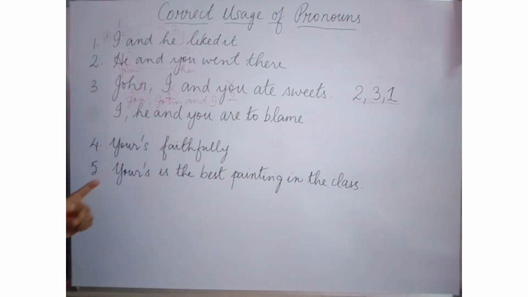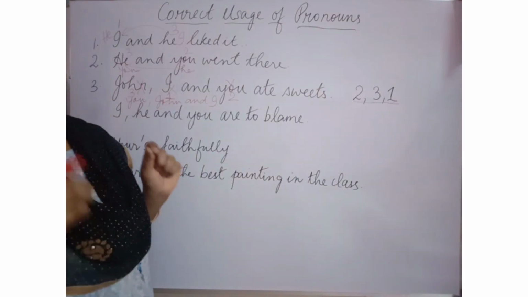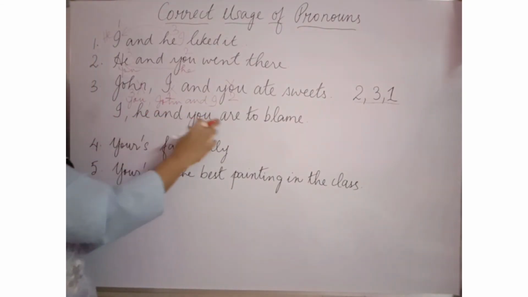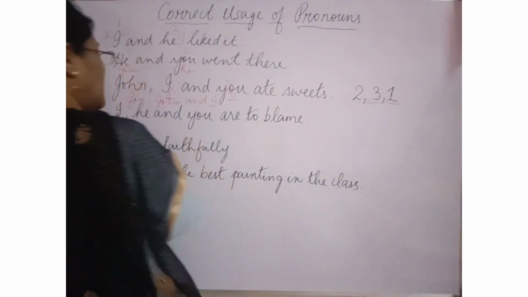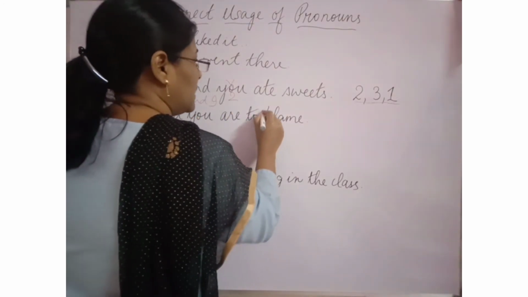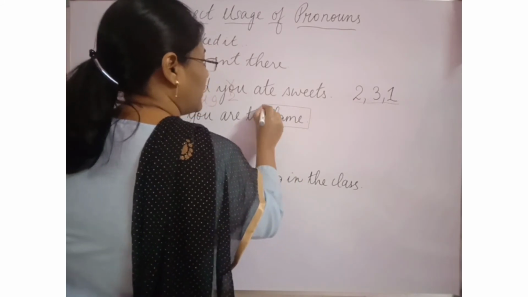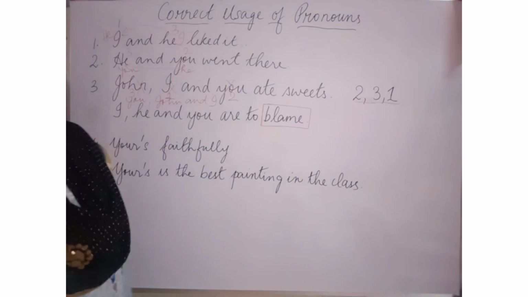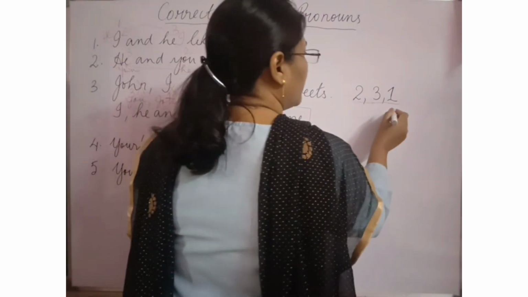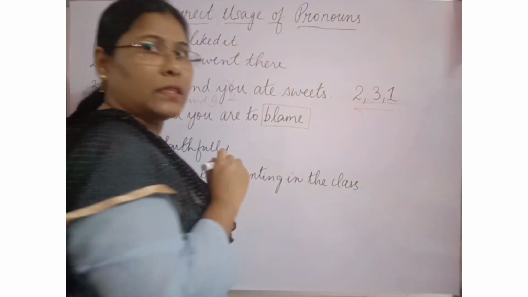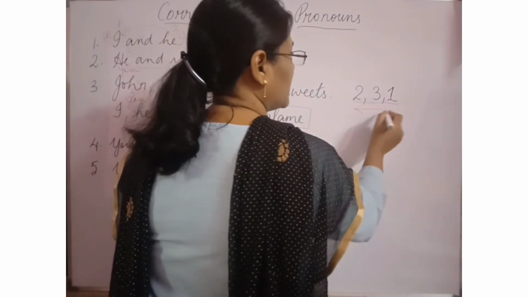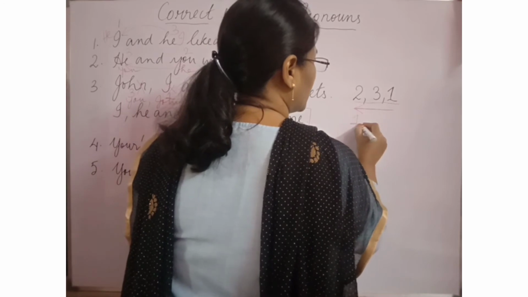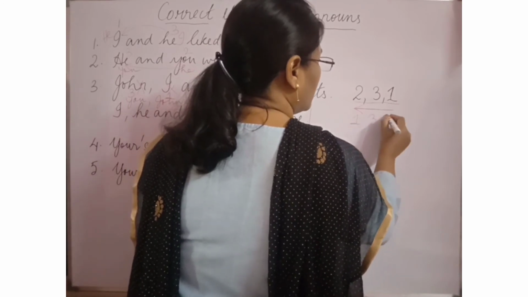Okay. Now when we are confessing something, I, he and you are to blame. Now in this sentence you see the blame. Somebody is confessing the blame. Okay. Now in this sentence the reverse of the arrangement is taken. Now the reverse is 1-3-2.